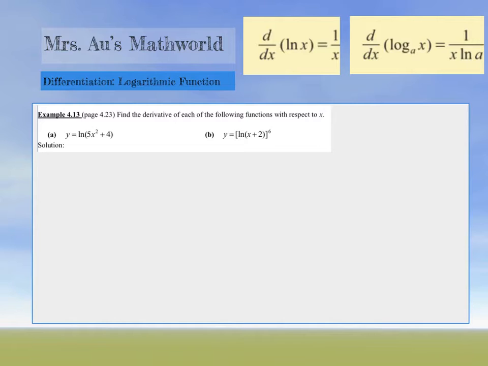When we use it, we will basically follow it with the chain rule. For the chain rule, it means the steps like this. So let me copy the question. When we have the chain rule, step 1, we will have the logarithmic function.